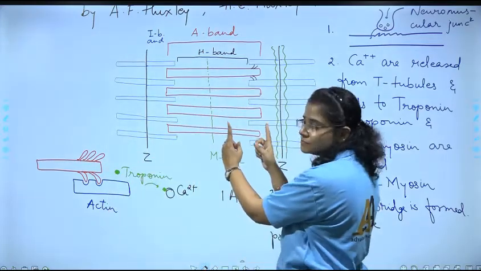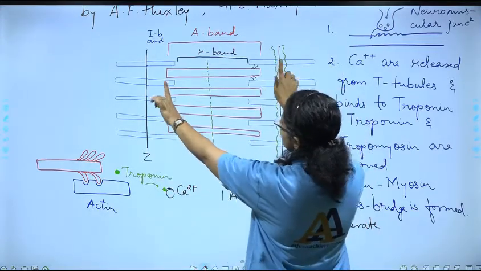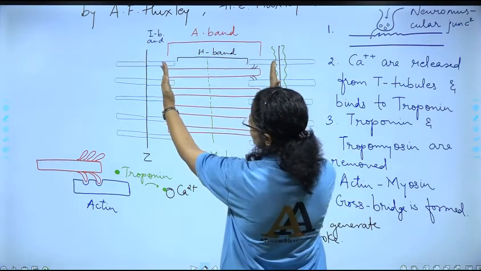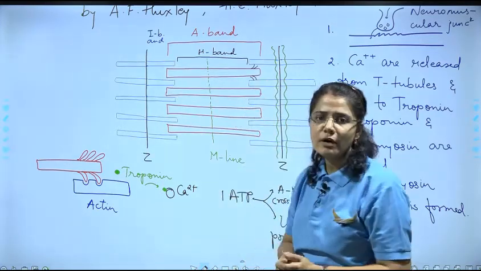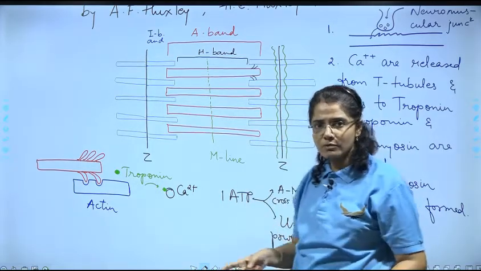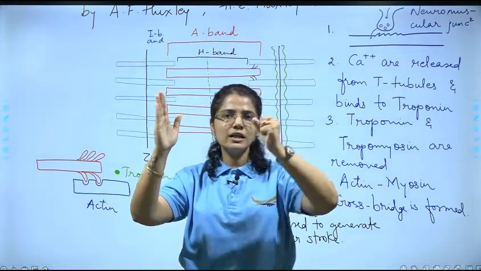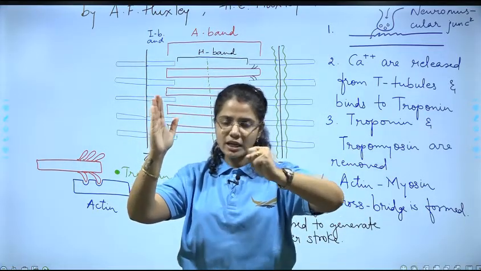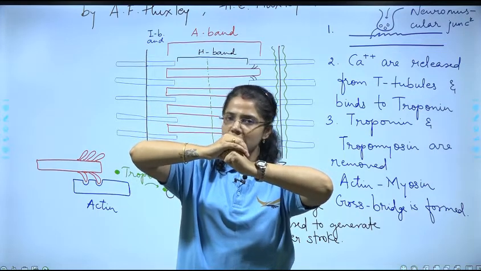Is this clear? So hence what happens is this actin filament is going to move closer and closer because of this actin-myosin cross bridge formation, right. So again I repeat with the power stroke, this we are forming is the active site of the actin, this is our myosin head. So it binds with the active site of the actin, right.